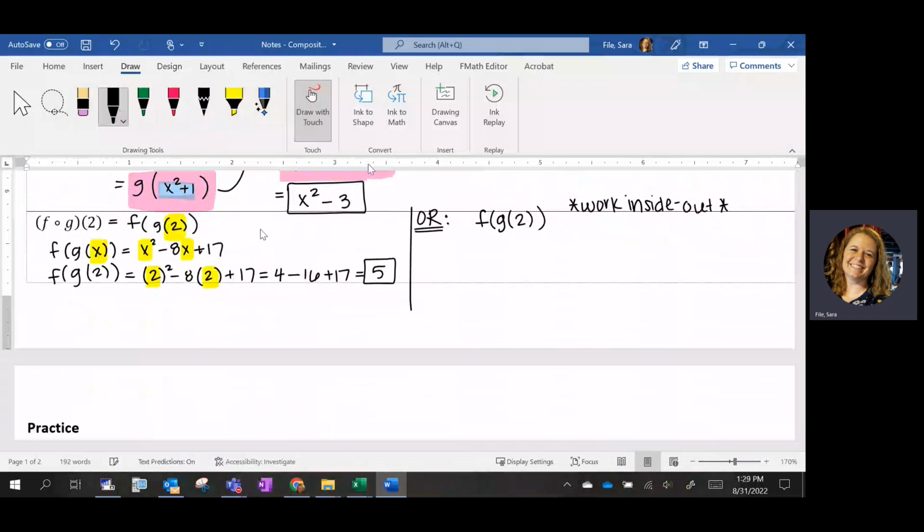Okay, this way you could label this method as using the composite function that we already found versus working inside out.